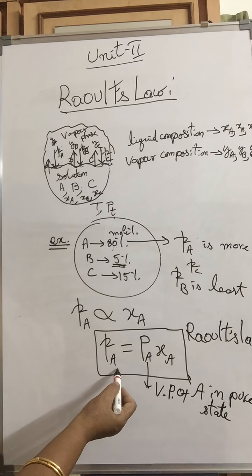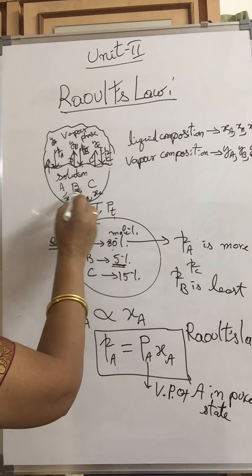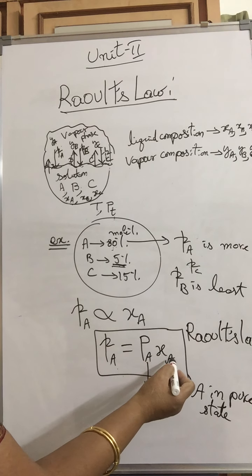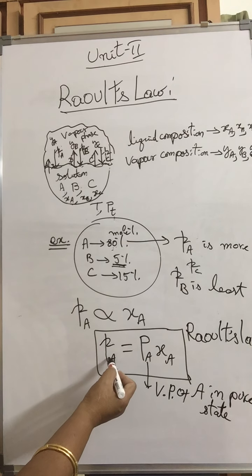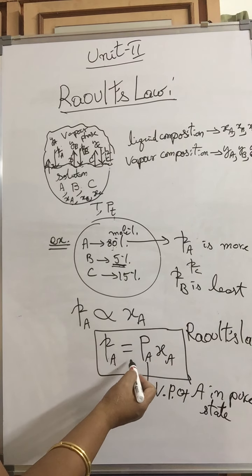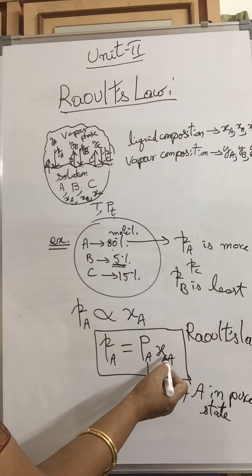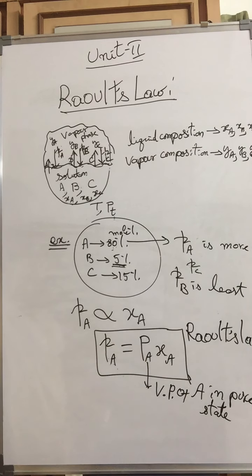Partial pressure of A when A is in a mixture with other components. If you want to write for B, we write PB equal to PB-star into XB. So partial pressure of A is equal to vapor pressure of A in pure state into liquid mole fraction.